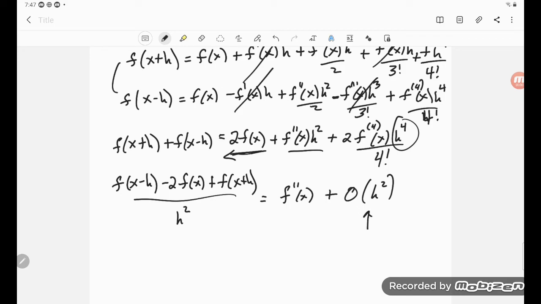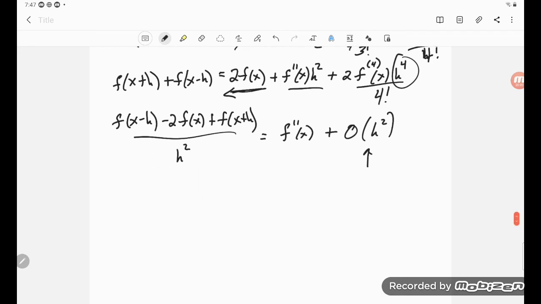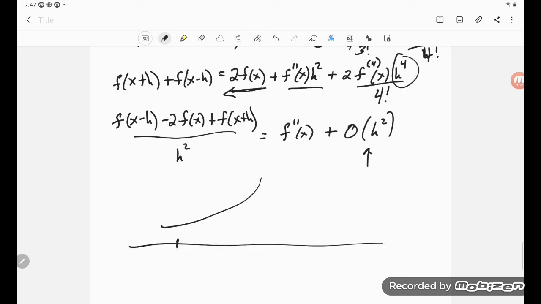It'll also have an h to the fourth and an h to the sixth. But if h is small, then h squared is much bigger than h to the fourth or h to the sixth, so we use this for our error term. So here is a second derivative. And if I'm trying to look at the concavity of something, here's x minus h, there's x plus h, here's f at each of those.